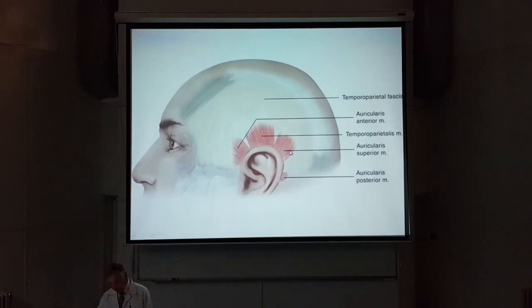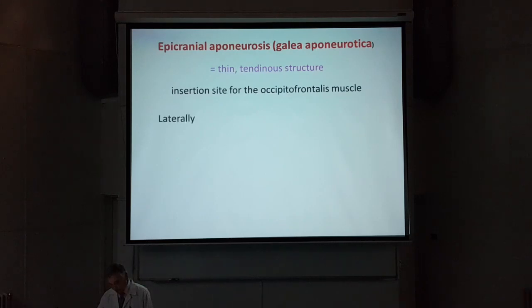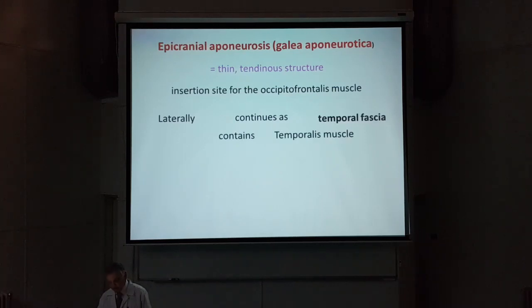These are external muscles of the auricle, which are vestigial in man. The aponeurosis is a thin tendinous structure of occipitofrontalis, laterally contains temporal fascia, and the temporal fascia has temporalis muscle.